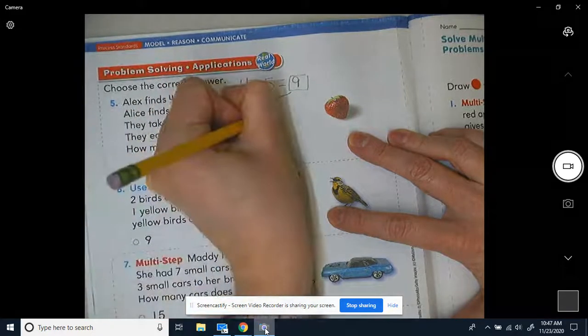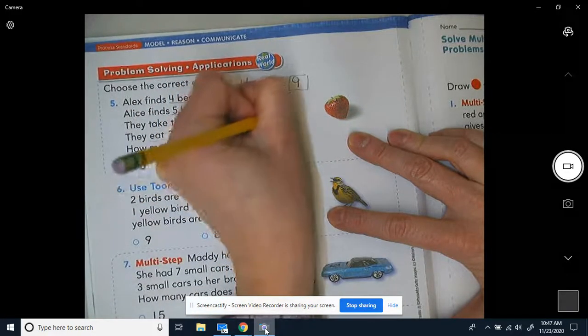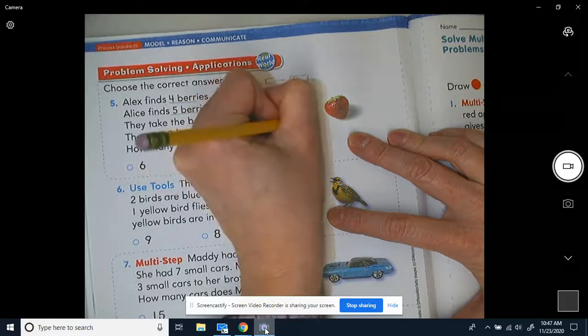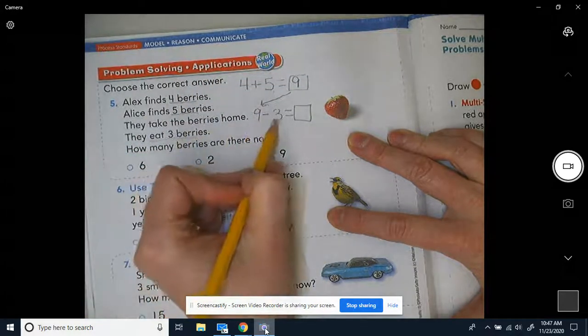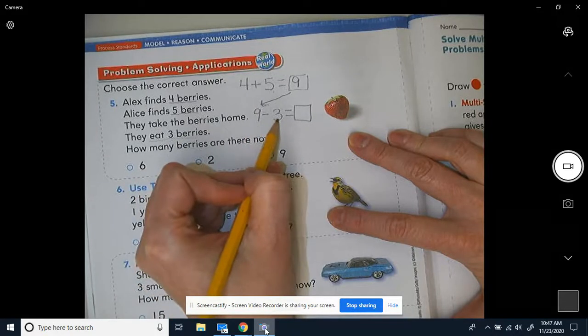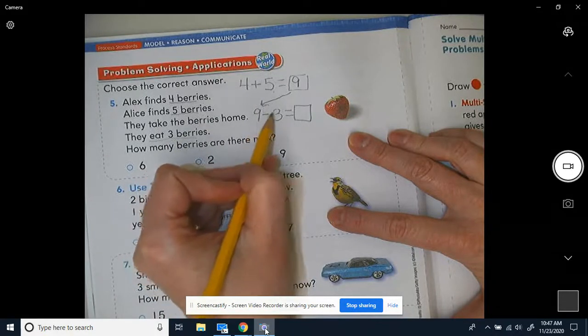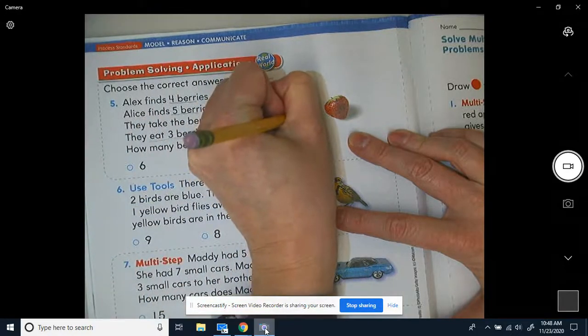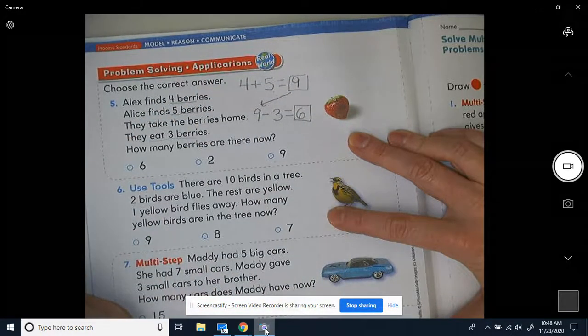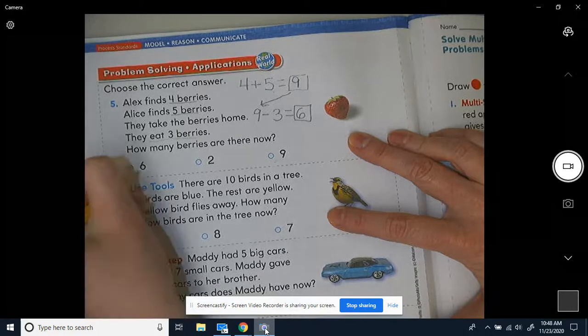So we're taking away 3, subtracting 3. So 9 minus 3 equals something. So you can use one of your strategies. I think I'll count back 3 and go 9, 8, 7, 6. And that's how many berries there are now.